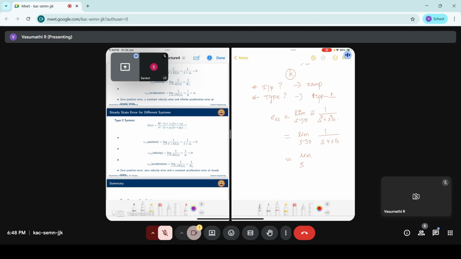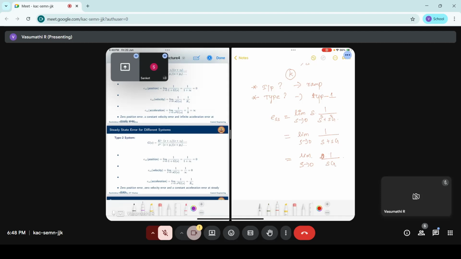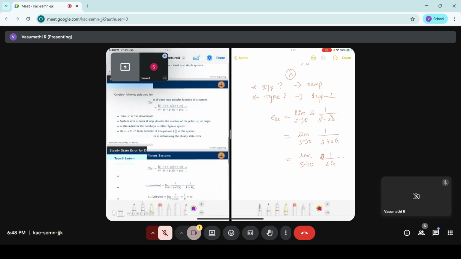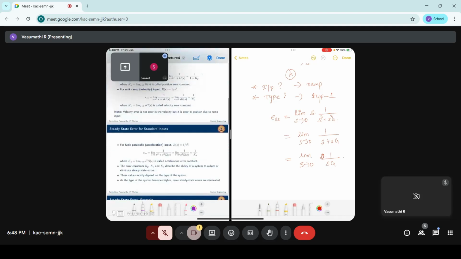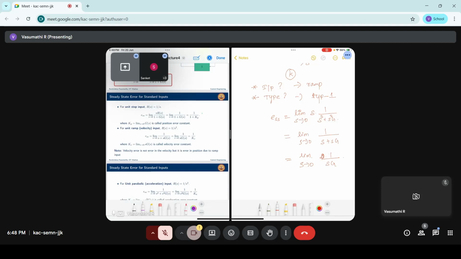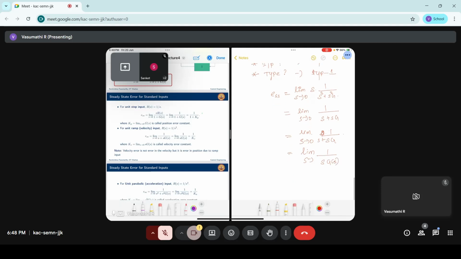So we will be left with limit s tends to 0, 1 by sG. For ramp, s square, plus sG, then this will be limit s tends to 0, 1 by sG. Is it right? Unit ramp, limit s tends to 0, 1 by s into G.